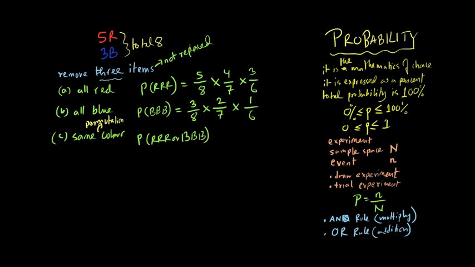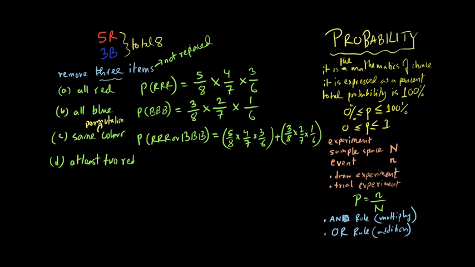So we have permutation over here. For red and red and red it is going to be 5 by 8 into 4 by 7 into 3 by 6, or for blue and blue and blue it is going to be 3 by 8 into 2 by 7 into 1 by 6.